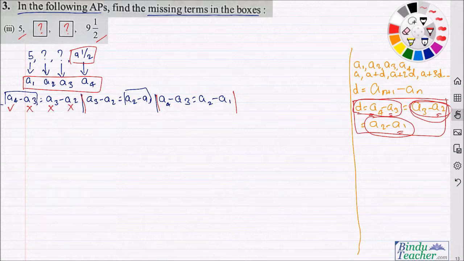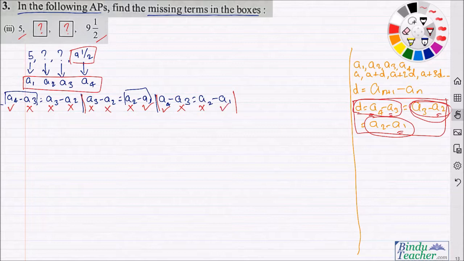Moving on to the second equation, the value of A3 is unknown, the value of A2 is unknown, the value of A2 is unknown again, and the value of A1 is known. Moving on to the third equation, the value of A4 is known, the value of A3 is unknown, the value of A2 is unknown, and the value of A1 is known.